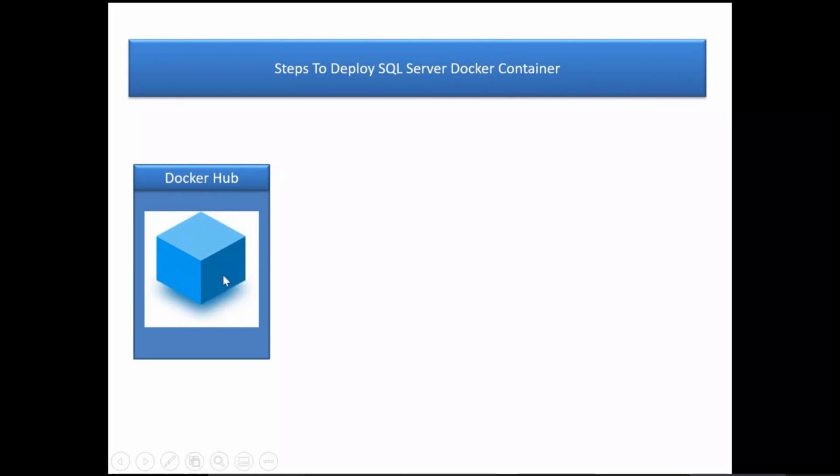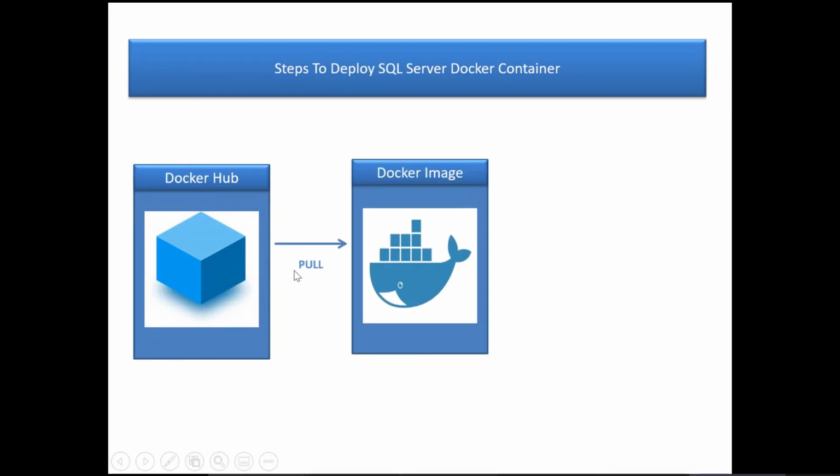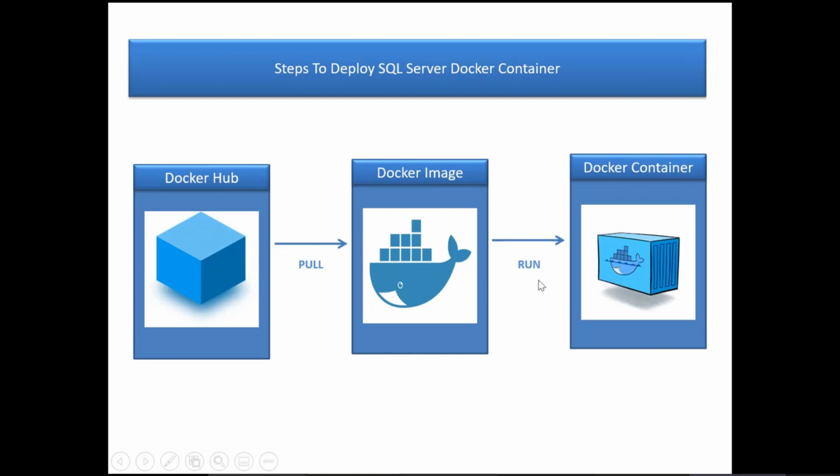So once you select the image that you want to deploy, you have to pull that image. Pull is like you download it from Docker Hub to your local server or computer. So once you have that image, it sits there. In order for you to run a container, you have to use docker run.